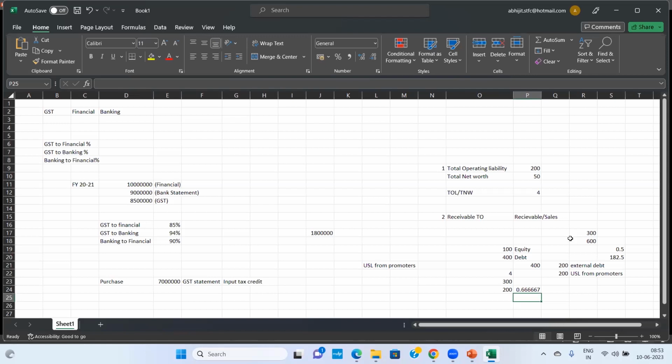There are certain companies which keep a very minimum capital, and most of the capital they route through unsecured loans, which they show as an unsecured loan from promoters. They even show it as an unsecured loan from a group company. So there are multiple reasons for this. There could be some tax evasion, I will not say that, it's a wrong term to use. There could be a tax consideration, where you set up a company in a different country where the taxes are slightly lenient, and you route the fund through that.